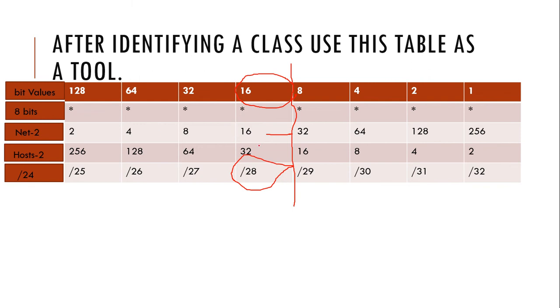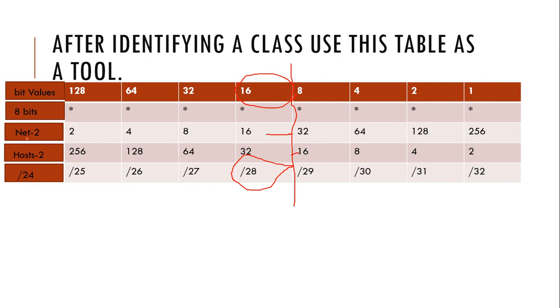Okay, these are my networks. They are 16. Each and everything lies on my left: my magic number, my networks, my slash mark, everything is on my left, but only my host will be on my right.